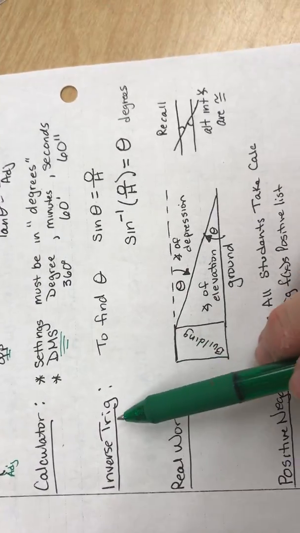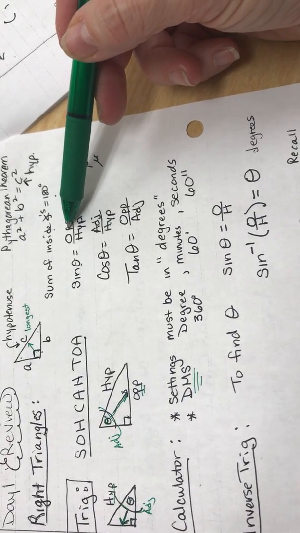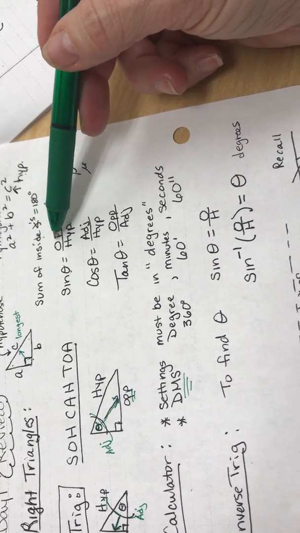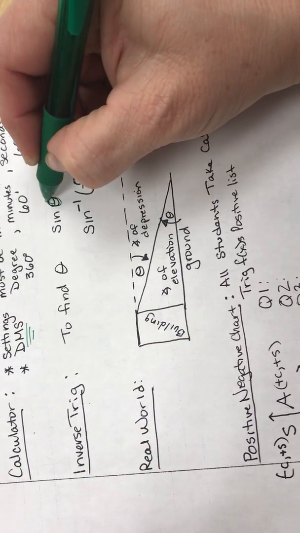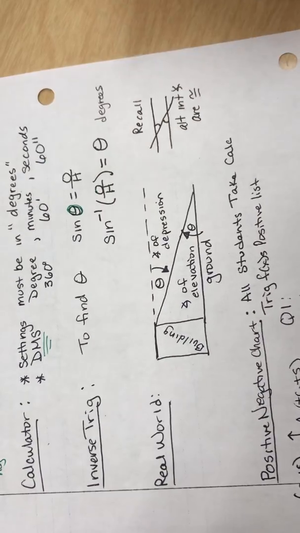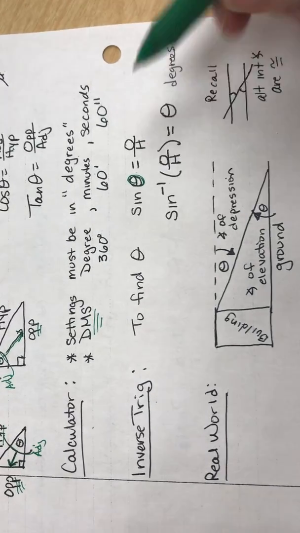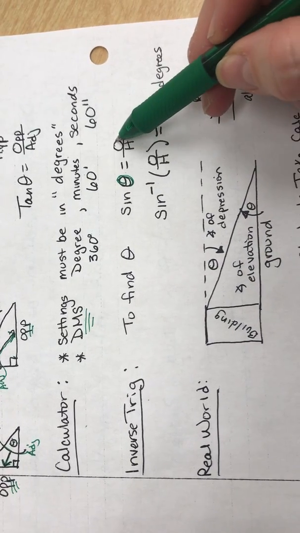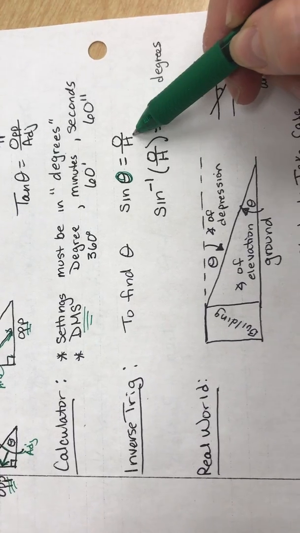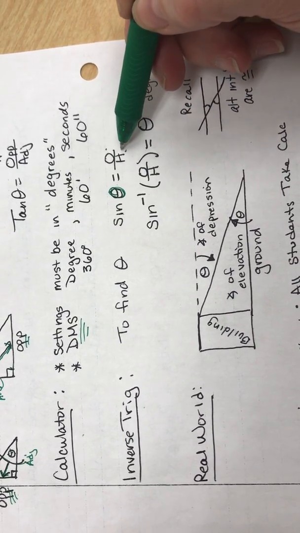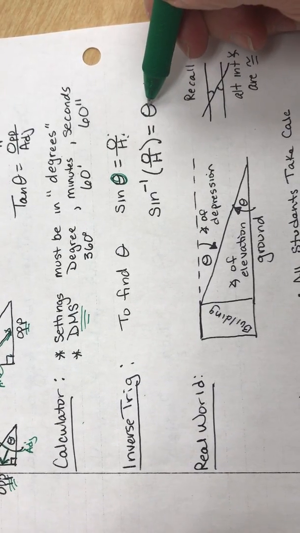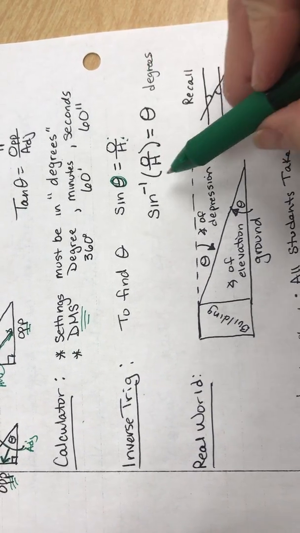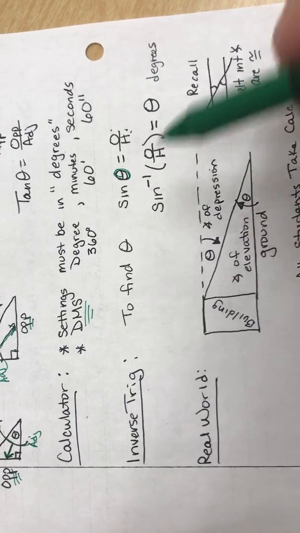Inverse trig is when, instead of trying to find a side, as in the opposite, the hypotenuse, or the adjacent, you're trying to find the actual measure of the degree here, of the theta, okay? So if you have sine theta equals opposite over hypotenuse, and you know your opposite and you know your hypotenuse, and you're trying to find the actual degree measure, then you just type it into your calculator using inverse trig.